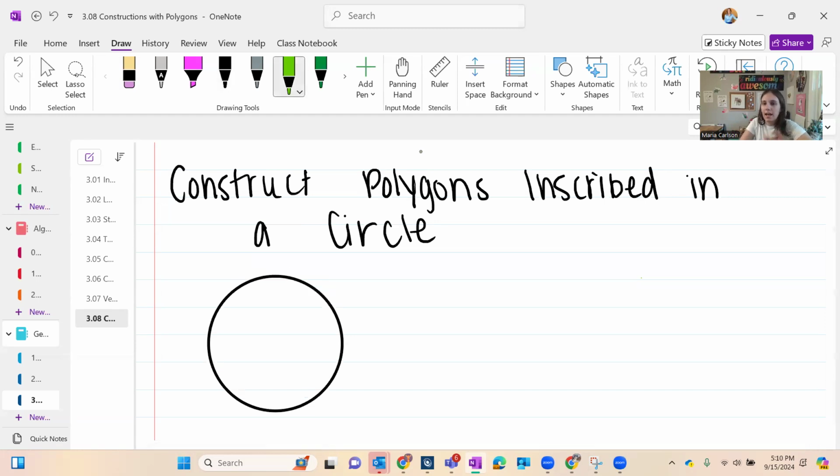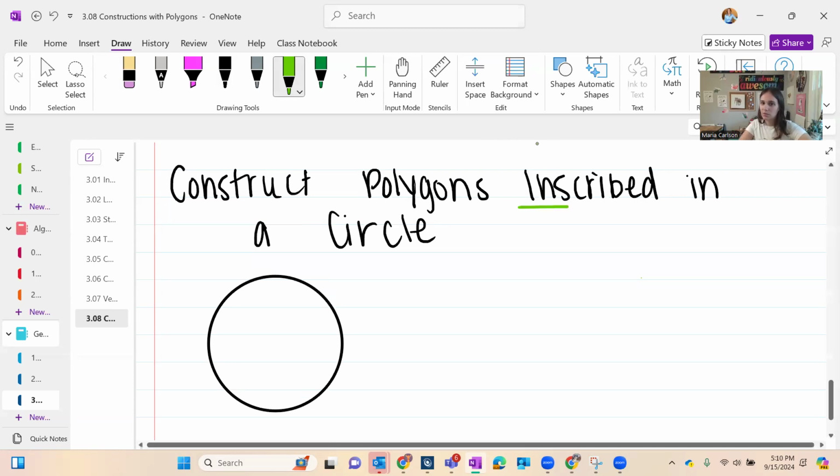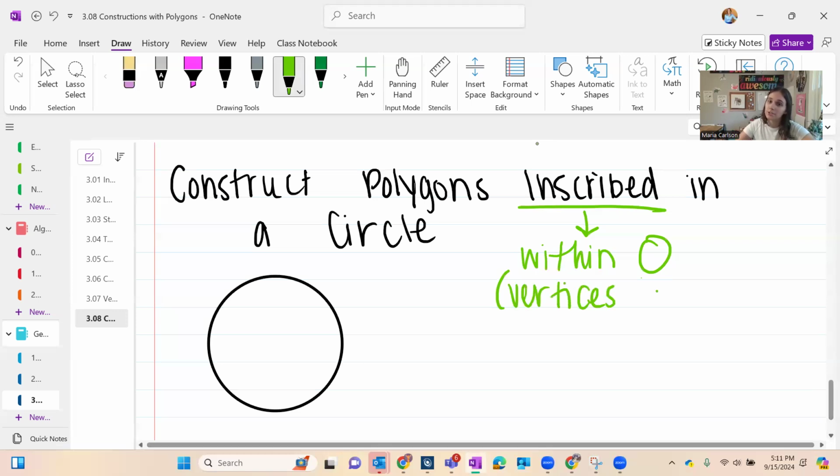And then let's say I have an equilateral triangle inscribed in a circle, or an inscribed equilateral triangle. What this means is that the shape is within the circle, and the vertices of the polygon are touching, they intersect the edges of the circle.